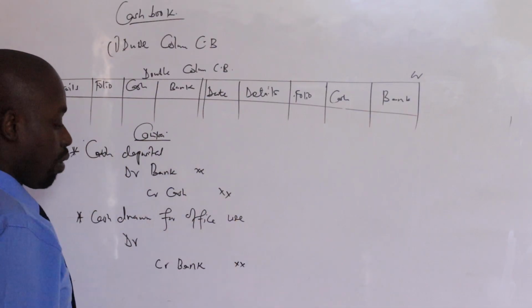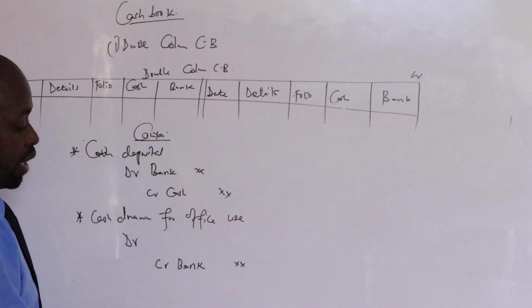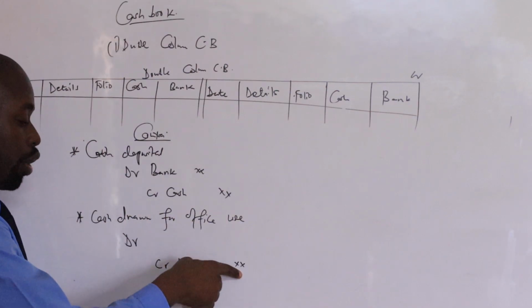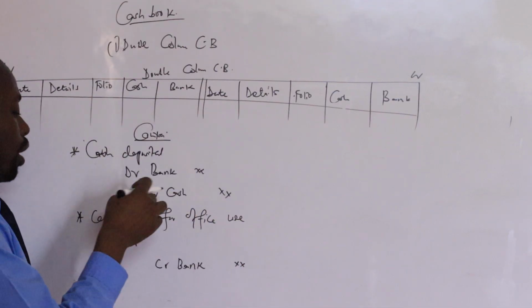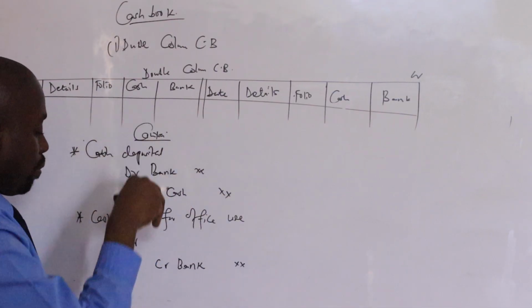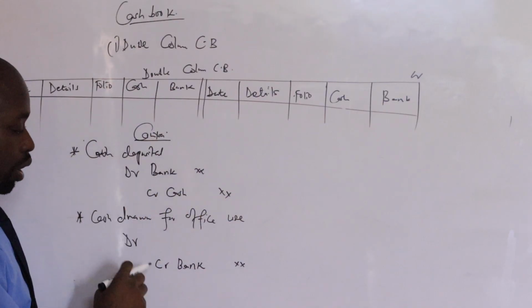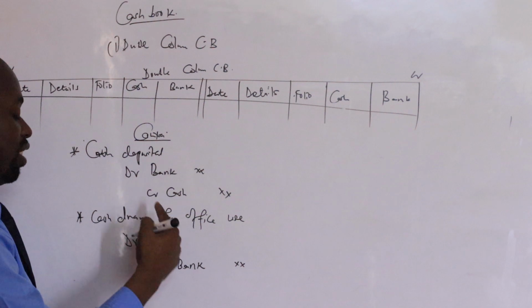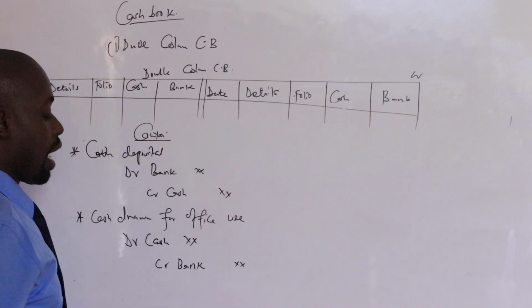When you take money from the bank, once you arrive at the premises, you as an accountant reduce the amount that you expect to be in the bank account on their end. And then you are now bringing it to your business as cash. You are going to add to your cash till. So our cash, being an asset, is increasing. We shall debit it. So we shall debit cash.